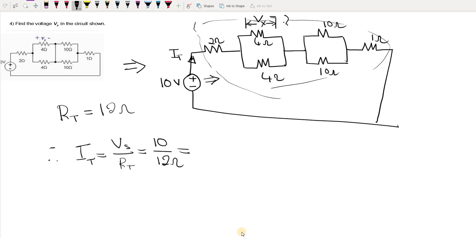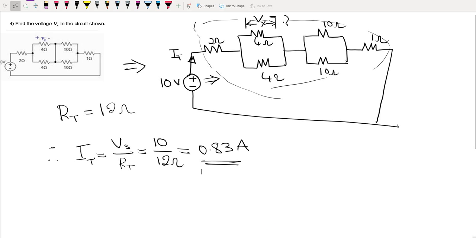Let me calculate that. Ten divided by 12, that is 0.83 amps. Correct.